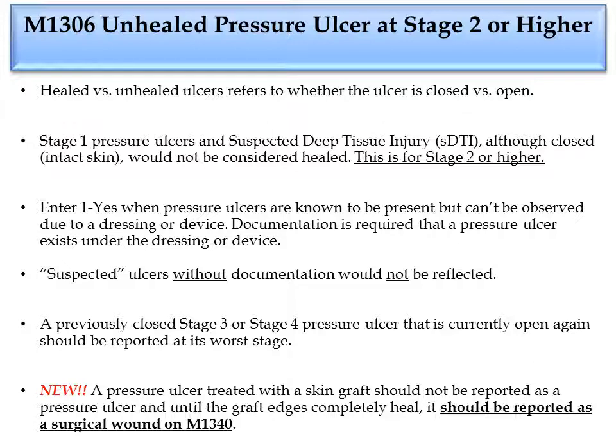And then down here they snuck in a new one, new guidance. A pressure ulcer treated with a skin graft should not be reported as a pressure ulcer, and until the graft edges completely heal, it should be reported as a surgical wound on M1340. That's new because currently in OASIS C1, a pressure ulcer treated with a skin graft is not counted as a surgical wound.